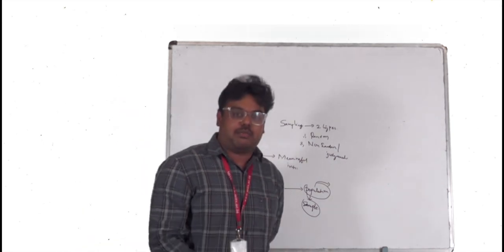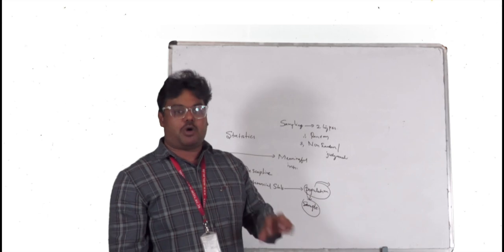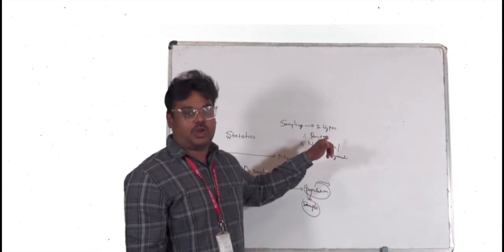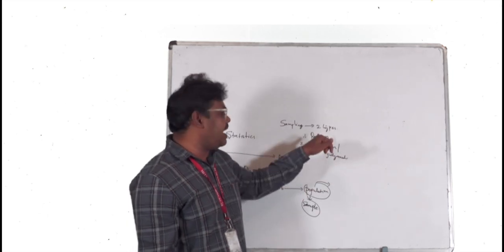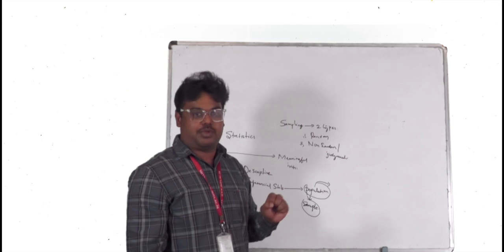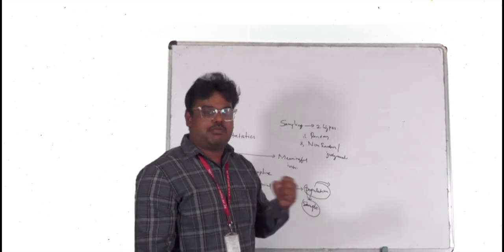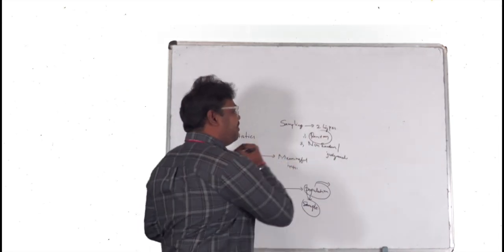In random sampling, we randomly pick the items or observations from the population. There is equal probability of picking any observation. We don't have any preconceived ideas to pick a particular sample. We blindly, randomly pick the samples from the population. That type of sampling is termed random sampling.